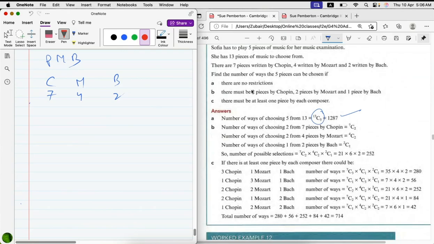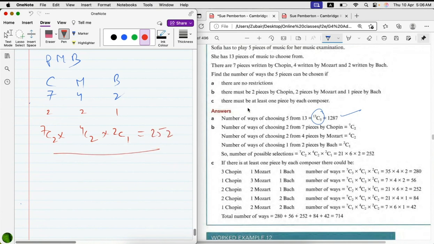And it says there must be 2 pieces by Chopin, 2 by Mozart, and 1 by Bach. So 2 out of this, 2 out of this, and 1 out of this. That's again 5. So 7C2 and 4C2 and 2C1. So total 5. And this is 252.